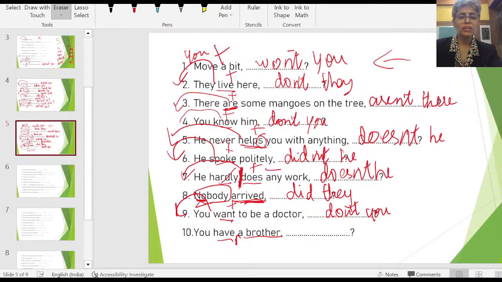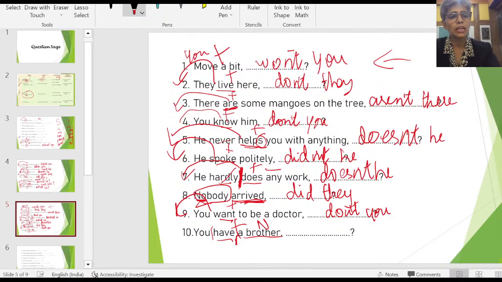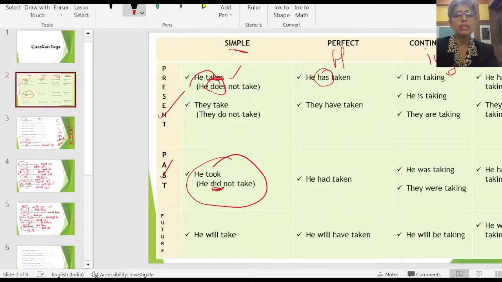So likewise over here you have a brother. So have over here plus a noun. It does not need a main verb because have itself is the main verb. Clear? So we take have before it. You have a brother. And we can't take have, sorry. I'll just rub that out. So we take the simple present tense. This is a simple present tense. So what is used for the simple present tense?